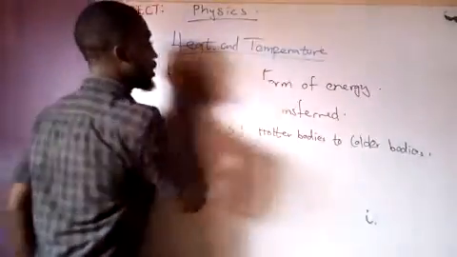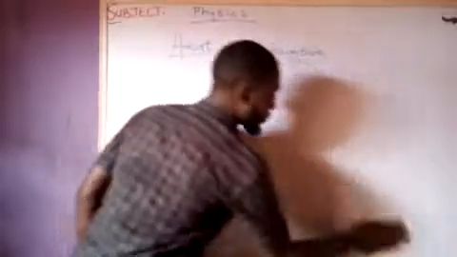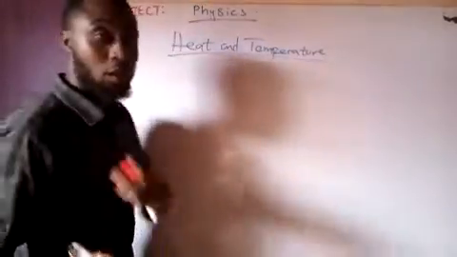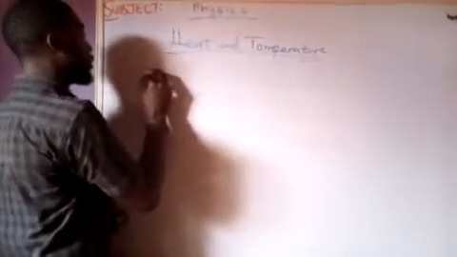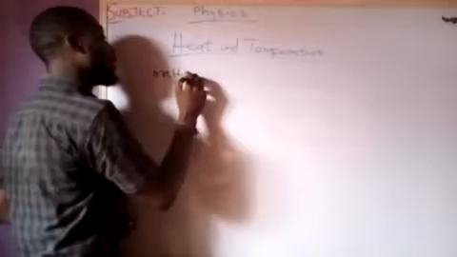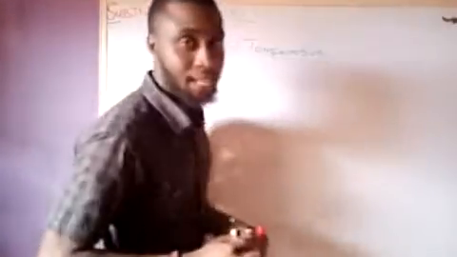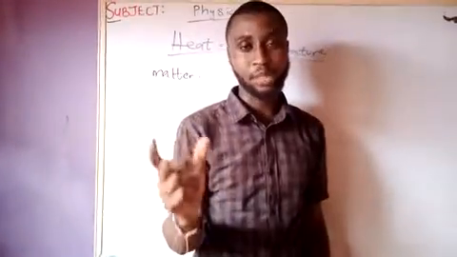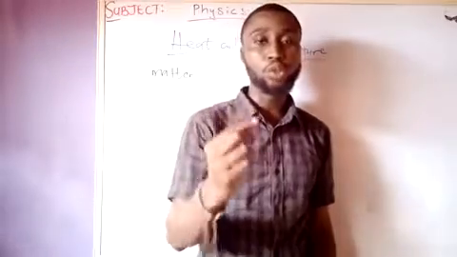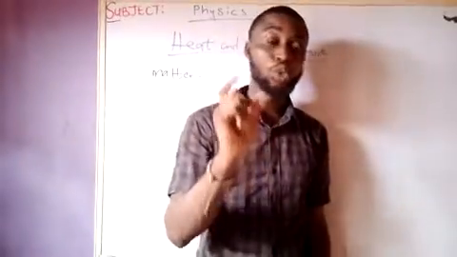Now let me give you another definition of heat. But for you to understand this definition, let me quickly remind you of the states of matter. Remember that matter is anything that has mass and occupies space. It's more accurate to use the word mass than the word weight.